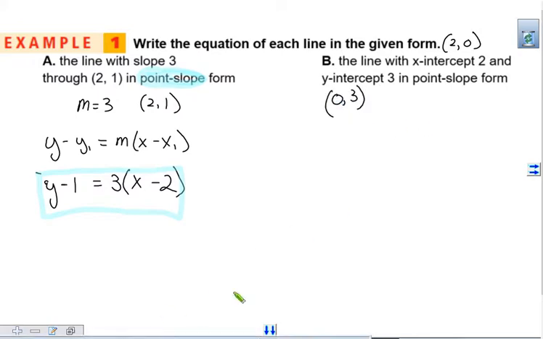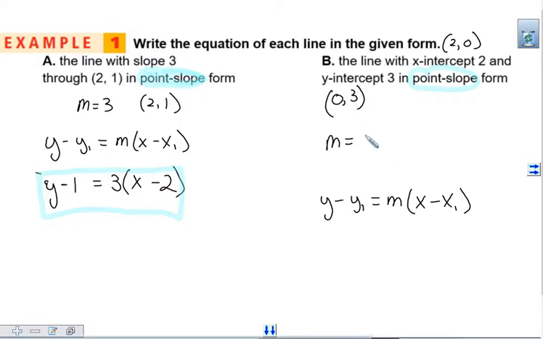And again, we want point-slope form, which is still y minus y1 equals m times x minus x1. Now we don't have our slope on this one, so we need to calculate our slope using those two coordinates.